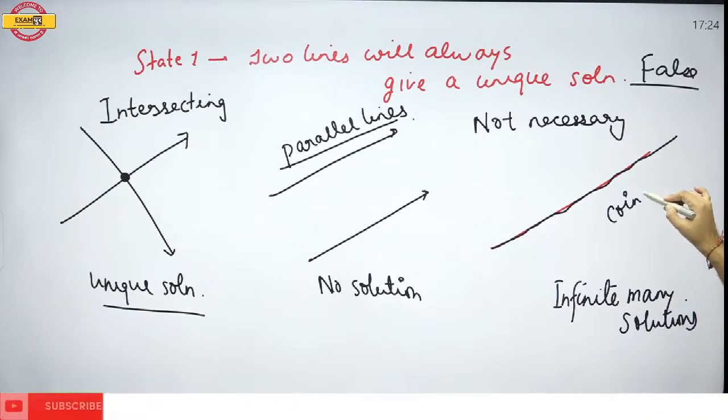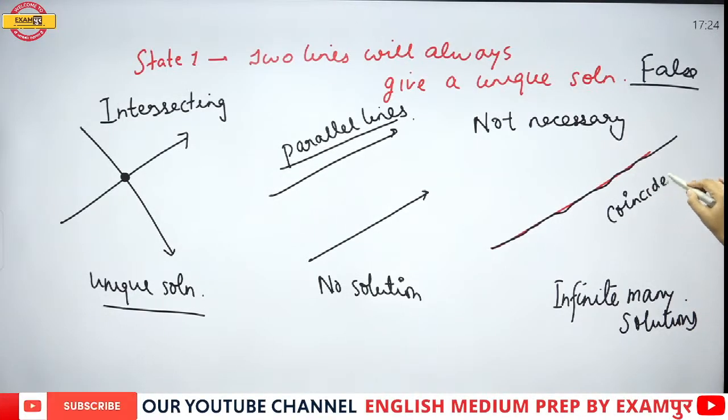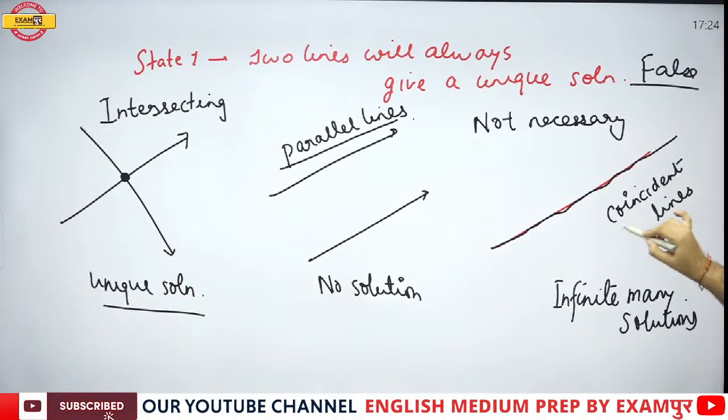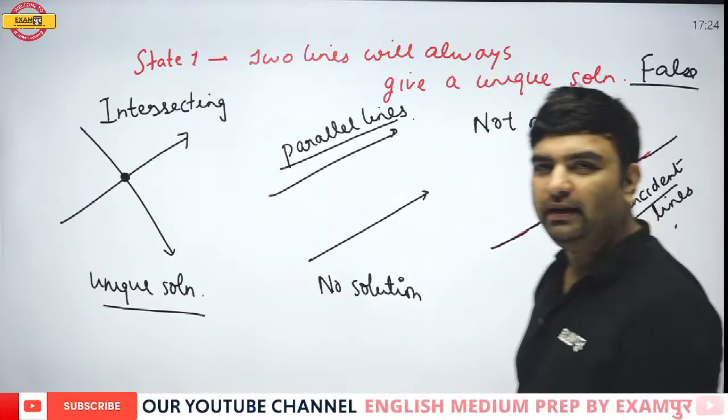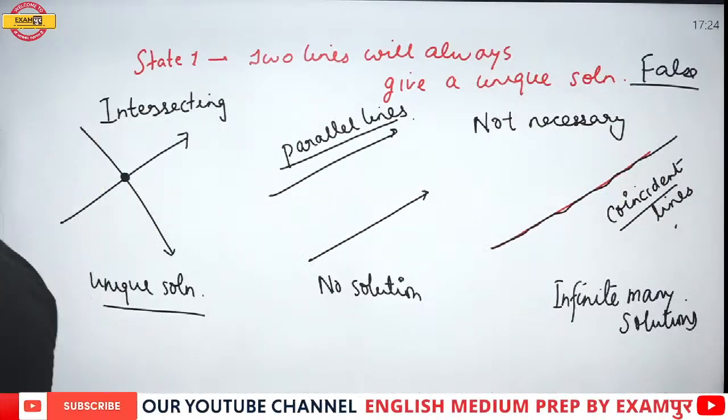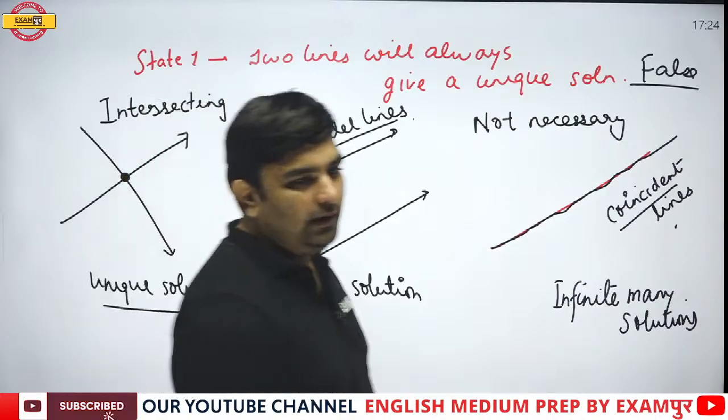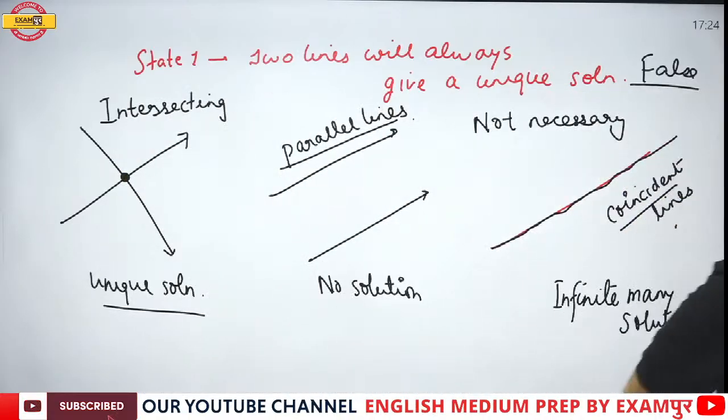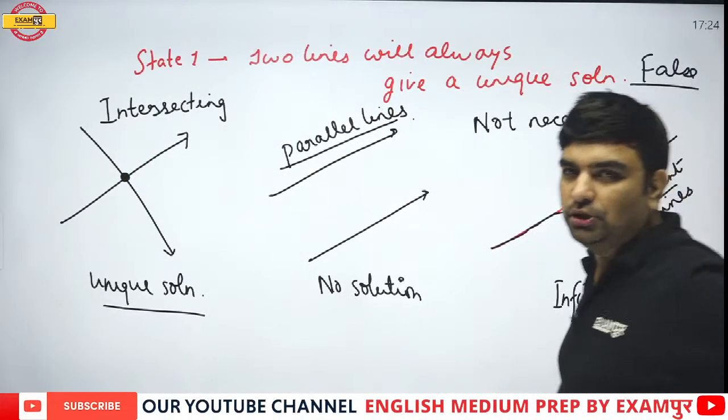Coincident lines. Got it, guys? Diagrammatically, you got it? When lines are intersecting at a single point, they will give the unique solution.